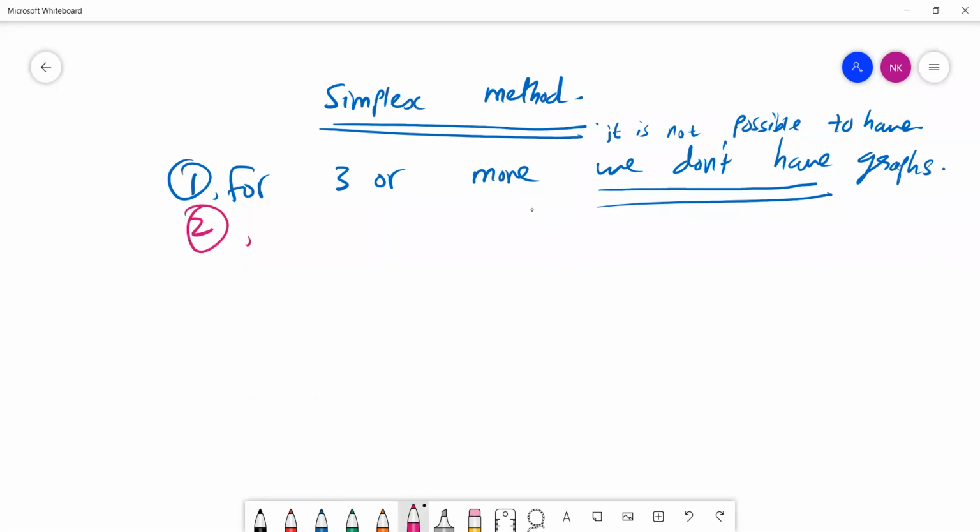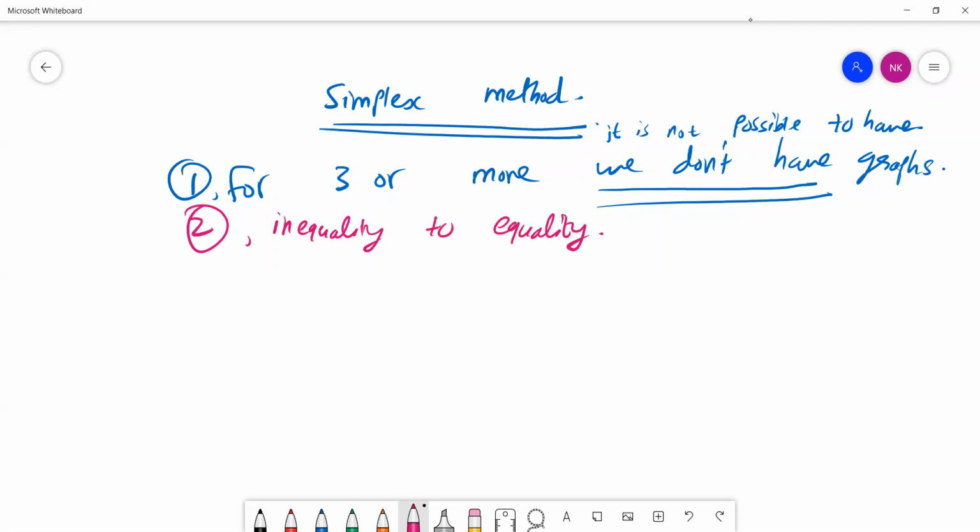Another major disadvantage that I will be considering is that we are directly converting inequality to equality.